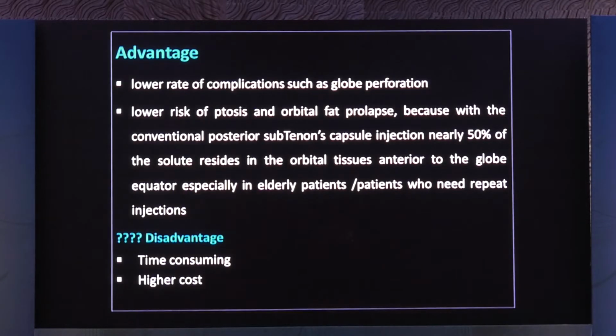The advantages are a lower rate of complications such as globe perforation, and lower risk of ptosis and orbital prolapse. There is actually no disadvantage, but in a peripheral setting, in a busy OPD, it may be a little more time consuming and may add a little cost because of the use of the cannula.